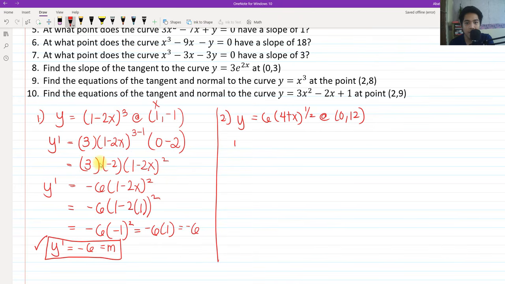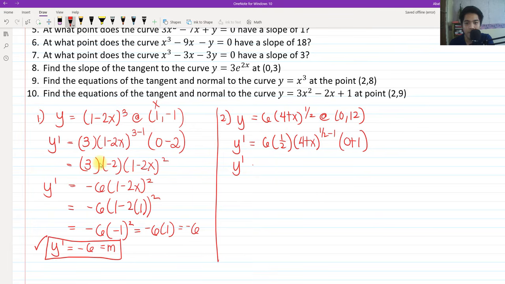Upon getting the derivative, this would be 6 multiplied by 1/2, (4 plus x) to the 1/2 minus 1. Let me just rewrite the 1/2. So that would be 1/2 minus 1. And then differentiate the inside function with respect to x. So the 4 becomes 0, but the x becomes 1.